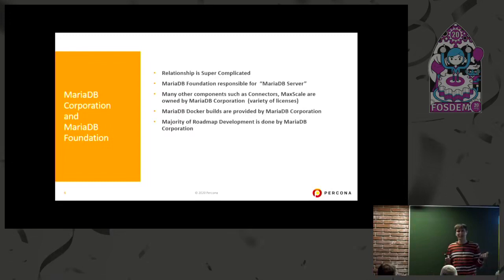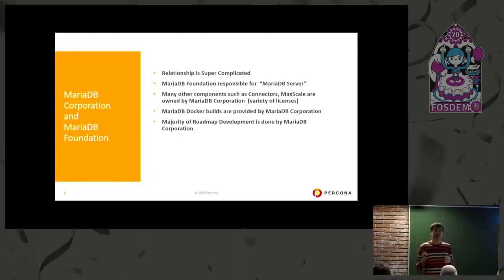Because in the end, if you think in terms of a corporation, nothing prevents Oracle, theoretically, from buying MariaDB Corporation, right? That is a company of investors and so on and so forth. I was in MySQL in the early days, and we never imagined that MySQL would end up in Oracle's hands, but that's exactly what happened.